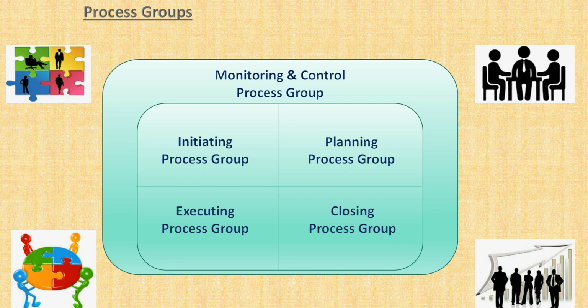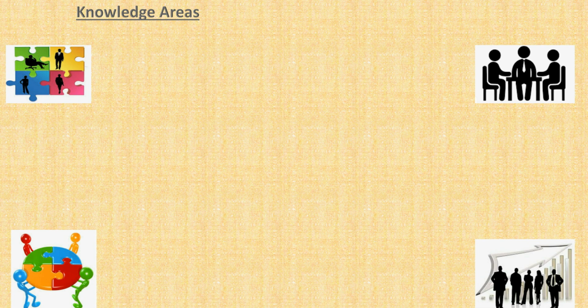Right? Fine. So what are knowledge areas? Just now in our previous slide, we discussed that the processes are grouped into 5 process groups depending upon what type of process that is. Now, the same processes are also grouped into 10 different categories depending upon the deliverables they produce, what the information type is, and what part of project management they are dealing with.